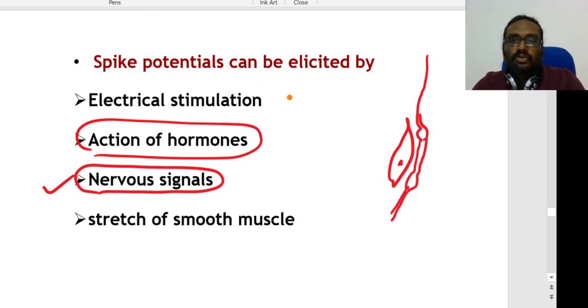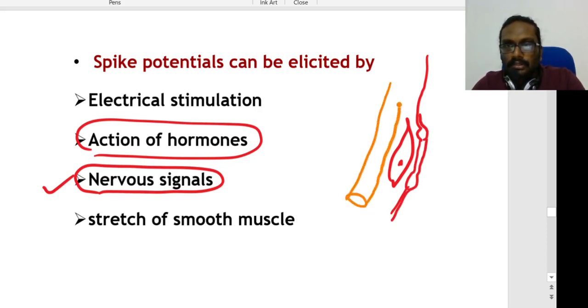You can also show that a blood vessel is passing nearby, and the blood vessel is releasing a hormone. A hormone H can be released, and this would have receptors over the smooth muscles, and they can also make the smooth muscles develop a spike potential.